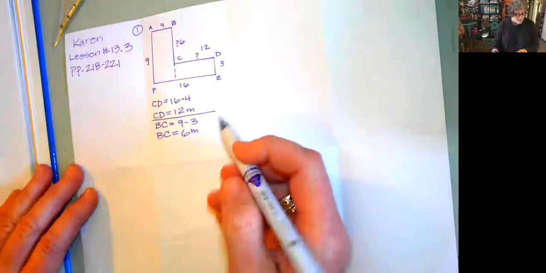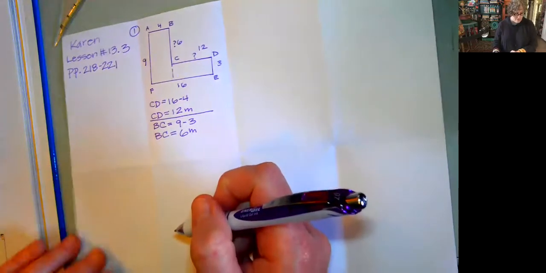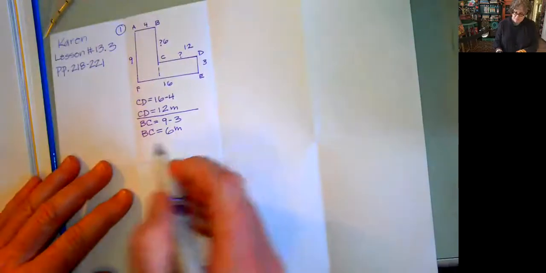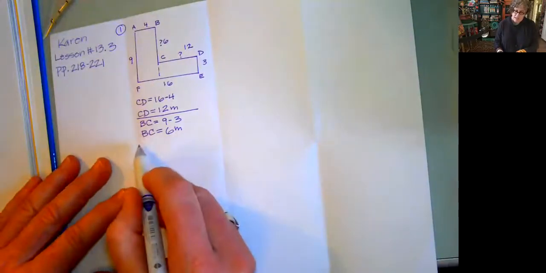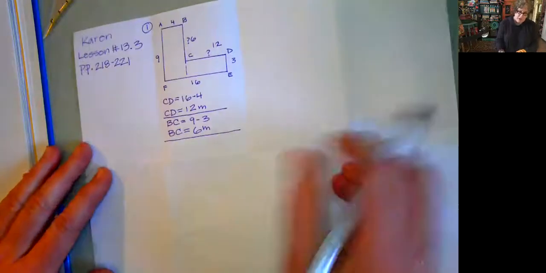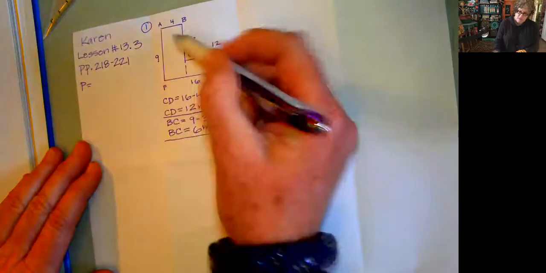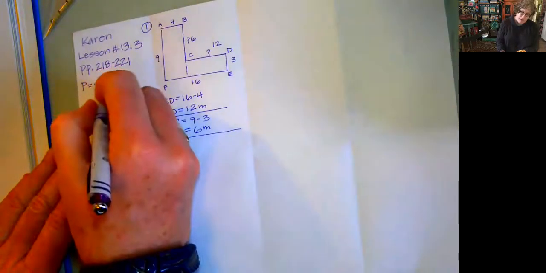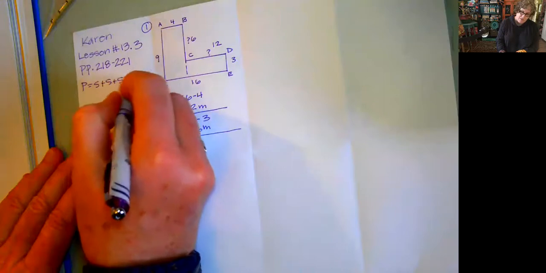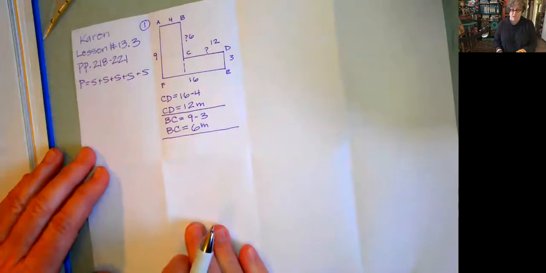So now we can figure out the perimeter of the whole figure. And the way that we do that is we go ahead and we write the formula for perimeter, and that is perimeter equals side plus side plus side plus side plus however many sides that you have, okay?